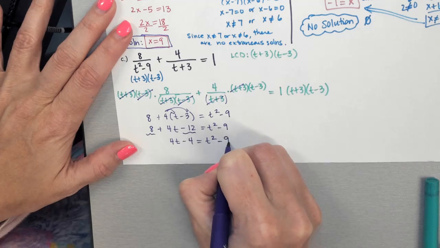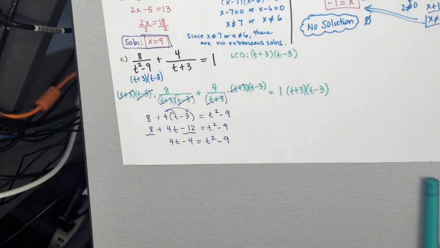And when you find yourself in a situation where you have t squared and t, what process should we do? What do we have to do with everything? Yeah, we got to get it all on one side so that we can factor. Okay? Or you can use the quadratic formula if you prefer.